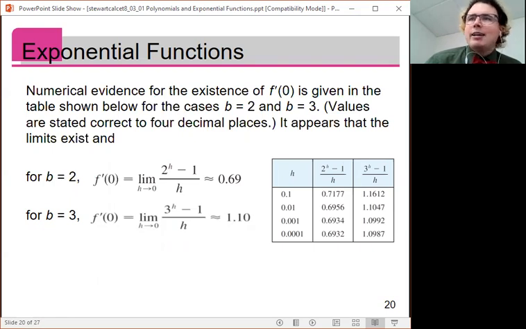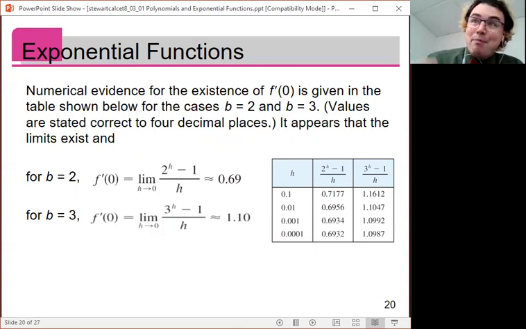Well, I notice that for b equals 2, this value of the derivative at x equals 0 is 0.69 and change, which is a number smaller than 1. For b equals 3, my limit gives me about 1.10, which is a number bigger than 1.